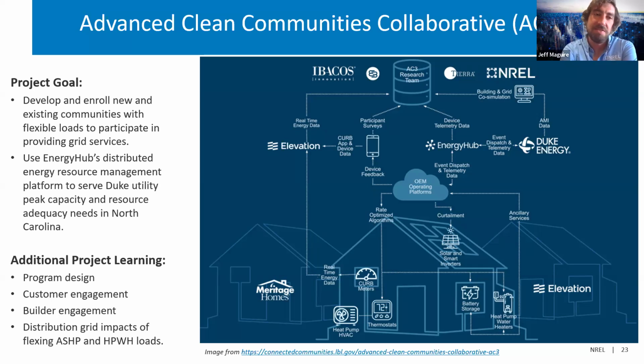There's also a big focus on recruitment in this one, looking at how builders can be part of the pipeline to getting people recruited into utility programs. For some of these communities, we're looking at giving buyers the option to opt into a utility program as part of actually buying the home and signing all the paperwork.